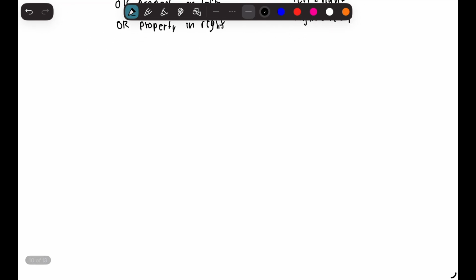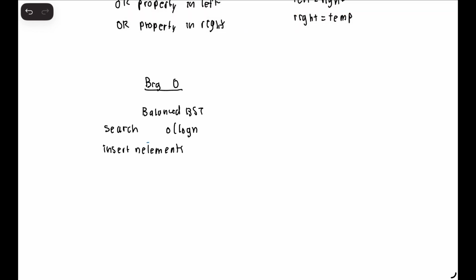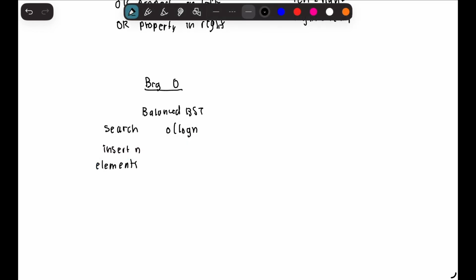Let's write down some of the big O's that you have to know. For a balanced BST, search is O(log n), and inserting n elements is going to be O(n log n).